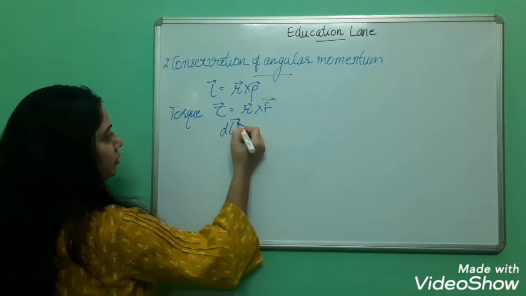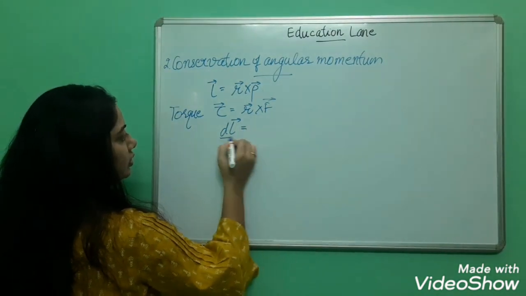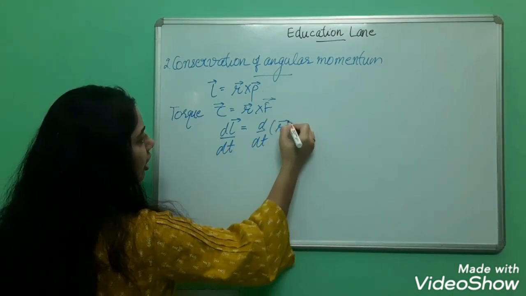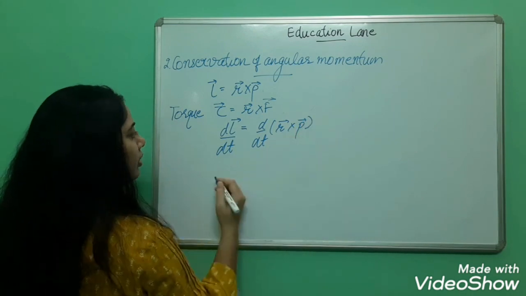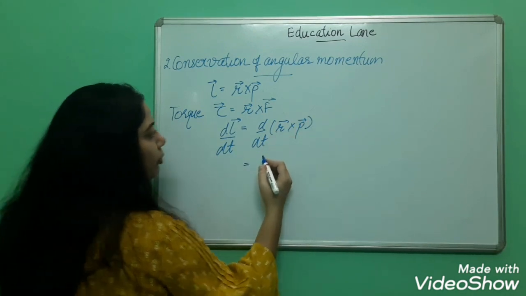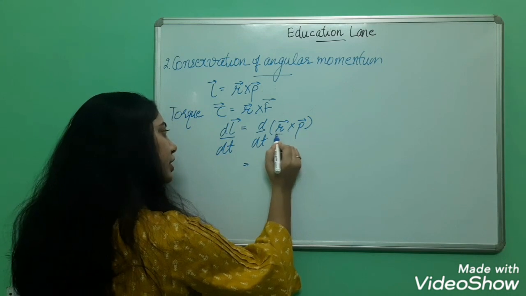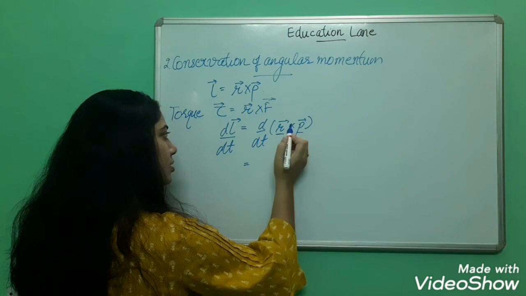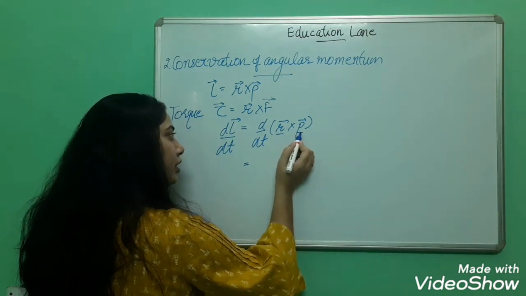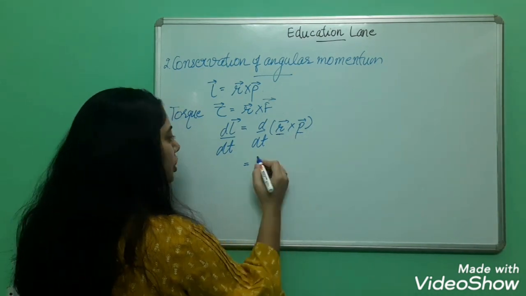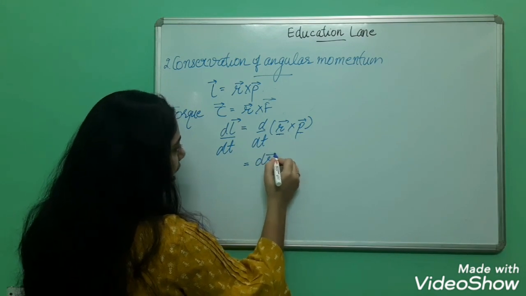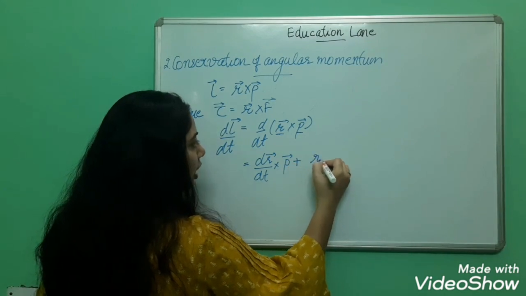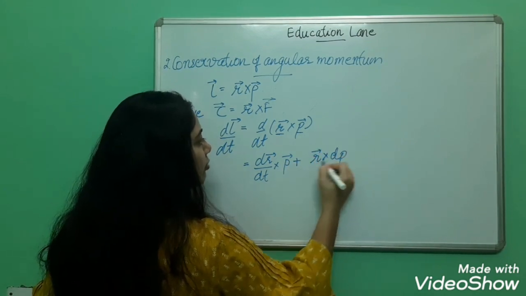Differentiate the first term with respect to time, d by dt of r cross p. According to the formula, differentiate this first, let the other remain at its position, and then plus differentiate this and let the other remain in its position. See how? dr by dt cross p, plus r cross dp by dt.